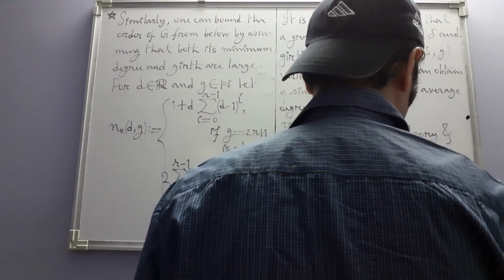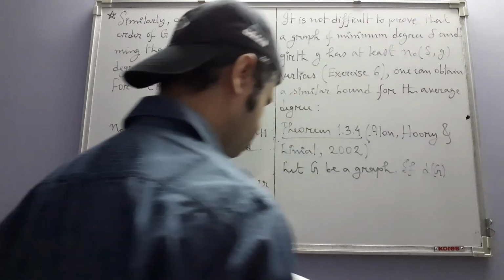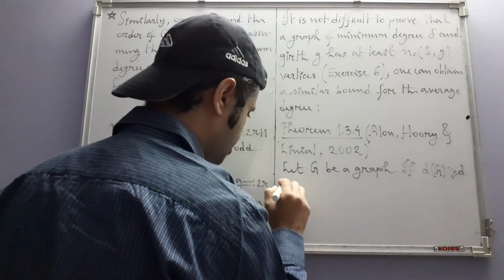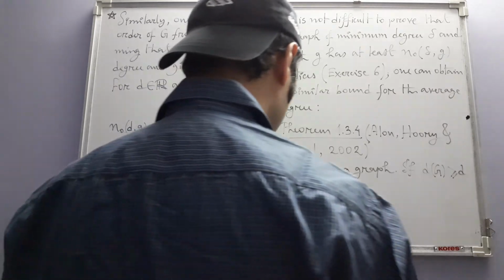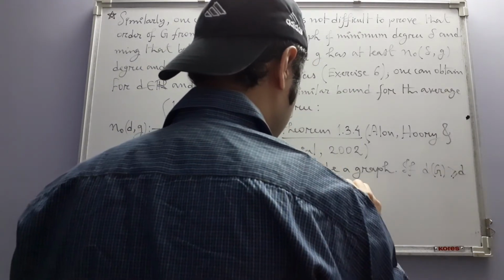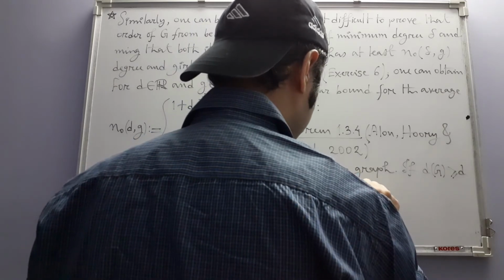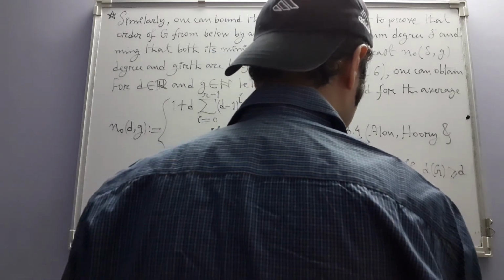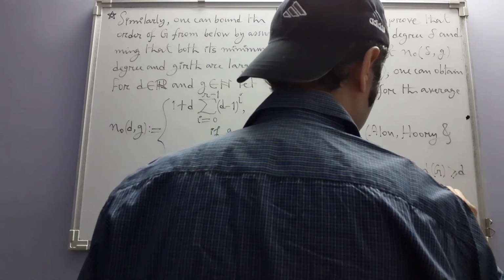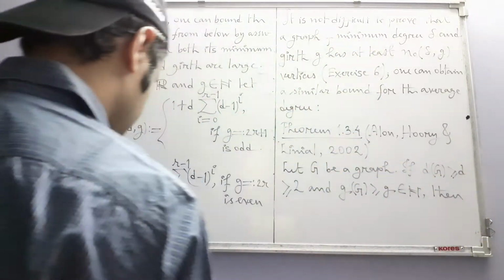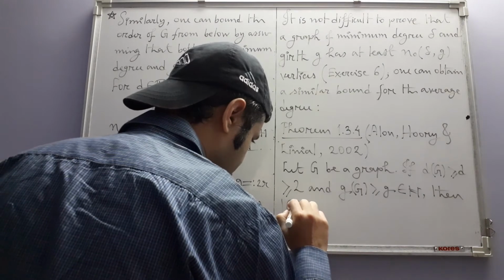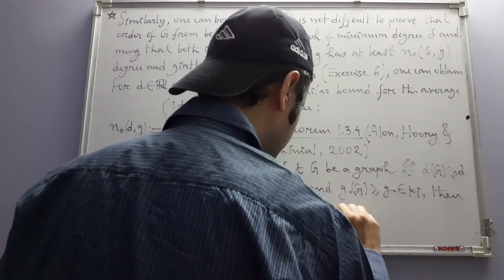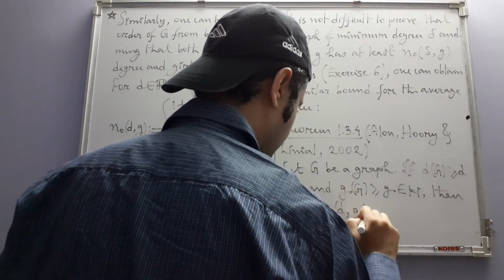If the average degree of G is at least d, which itself is at least 2, and the girth of the graph G is at least small g, which is a natural number, then the order of G, that is the number of vertices of G, is at least n naught of d comma g.